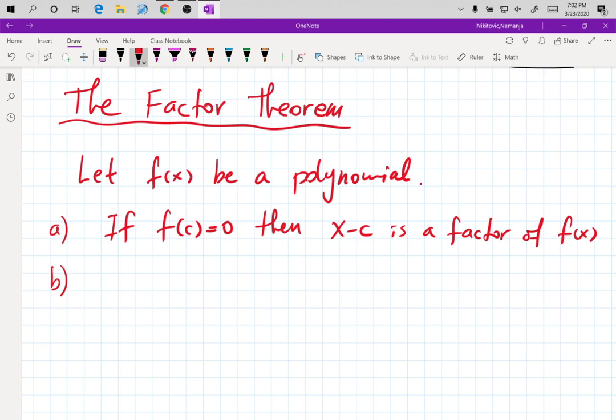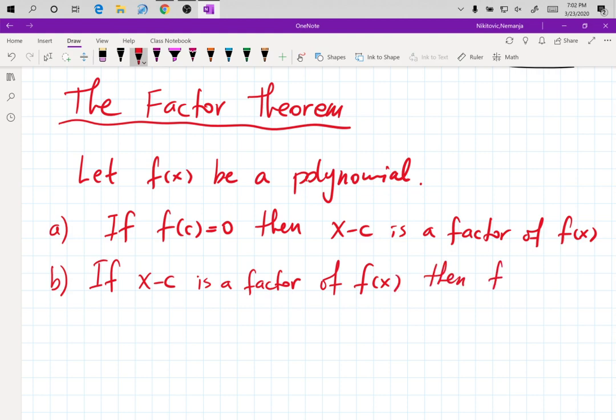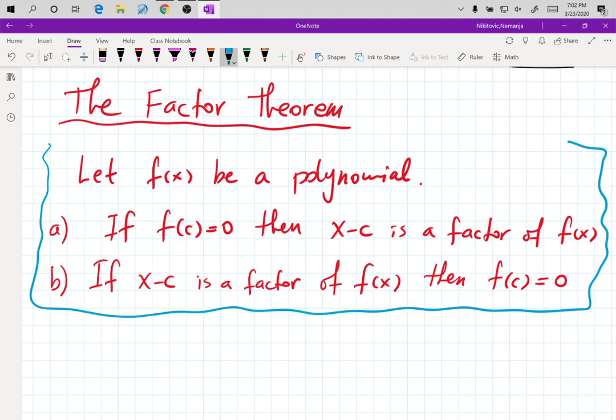And part B, if x minus c is a factor of f of x, then f of c equals 0. This is important stuff. Polynomials tend to be one of the nastiest functions to find roots of, and this thing saves our life.